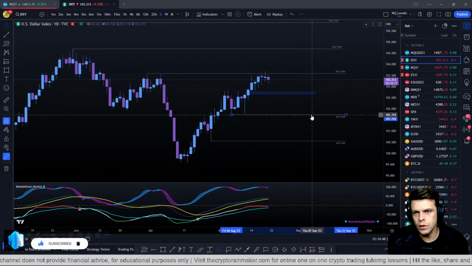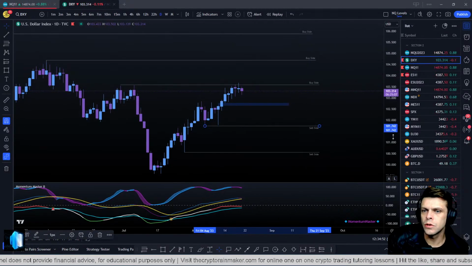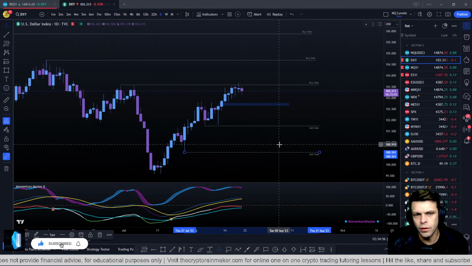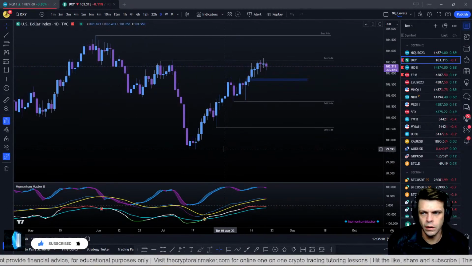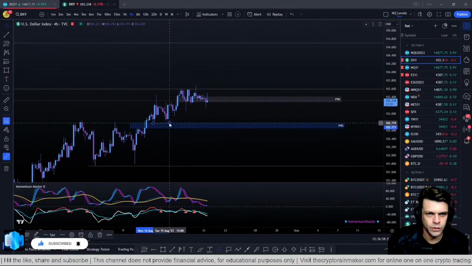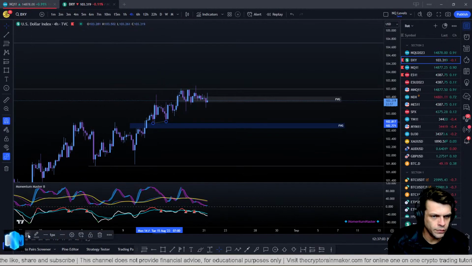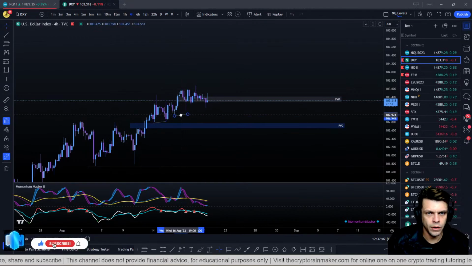Okay, so the first sell side level that we have right here is at 101.742, and then the next one is at 100.551. And then our external sell side liquidity is right here at 99. Oh, now it changed. Okay, so we have the relative equal lows right there. Then we also have it right here.